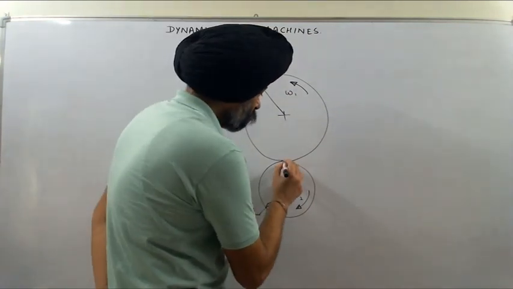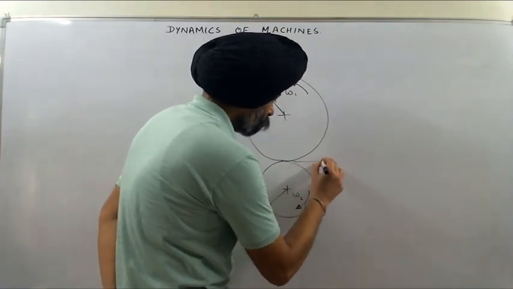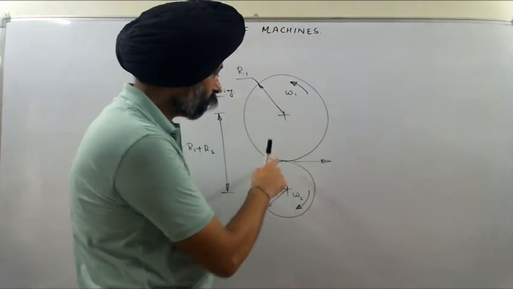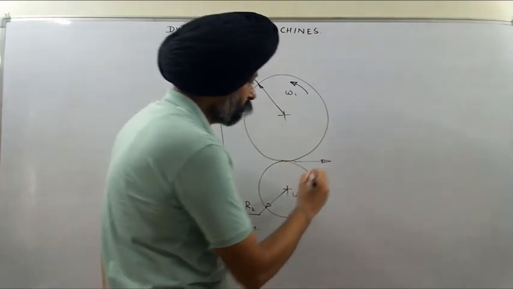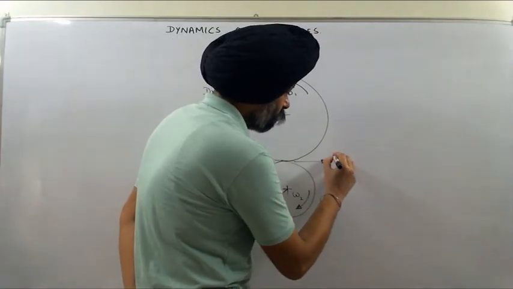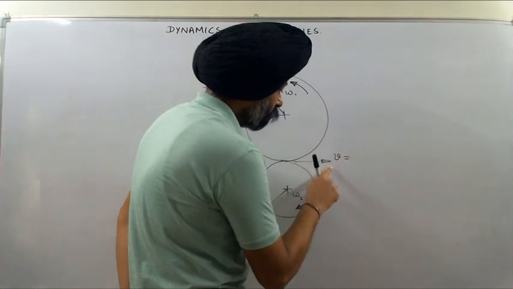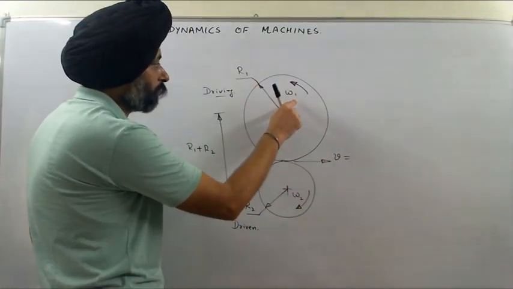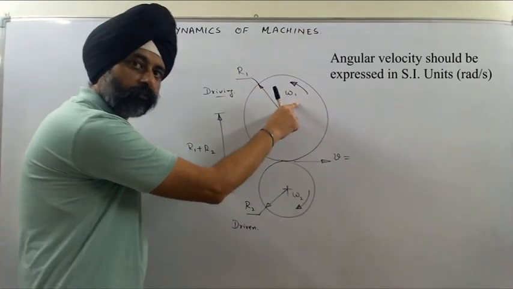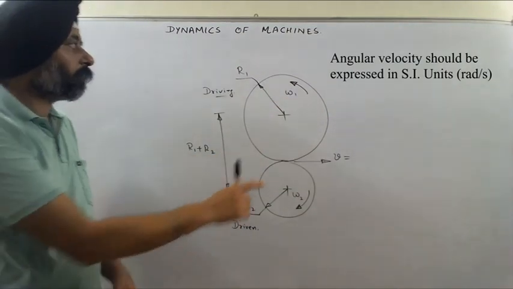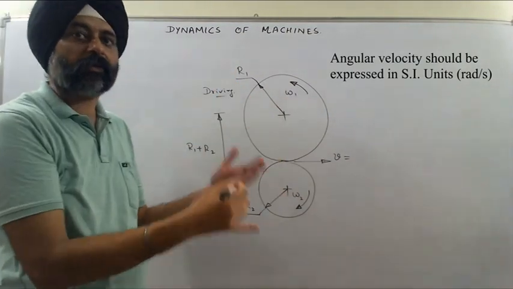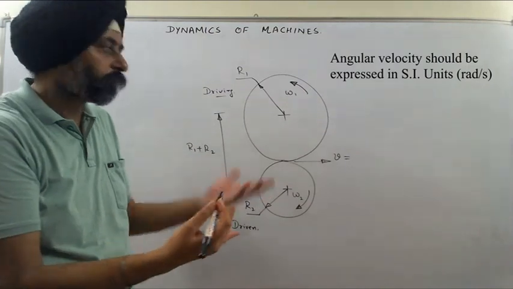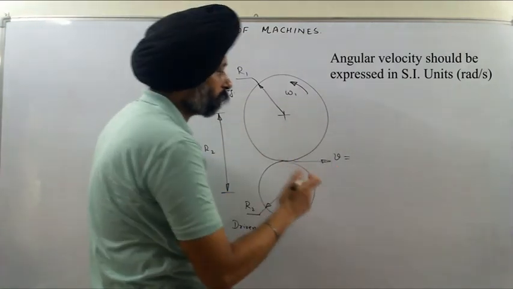And at this juncture, the point of tangency where both the discs are touching will have a linear velocity v. The tangential velocity is given by the product of the angular velocity expressed in radians per second and the radius expressed in meters or millimeters, whatever units you choose. The same units will be transferred to the velocity.